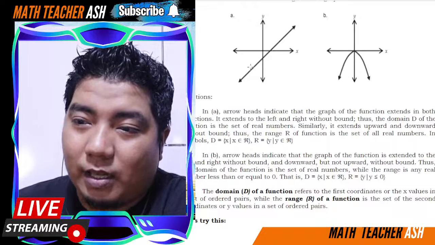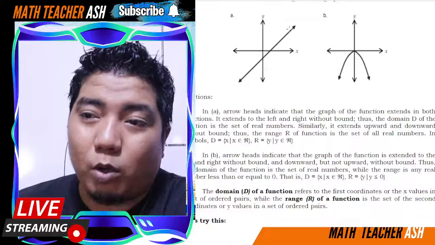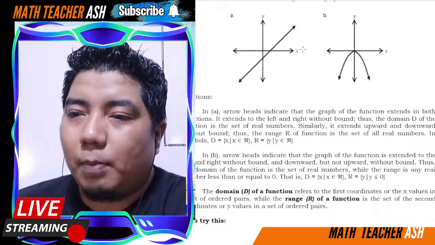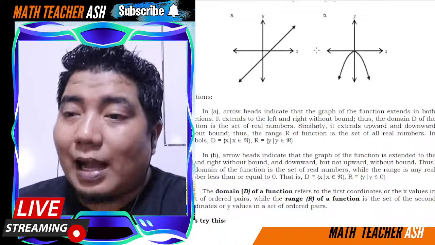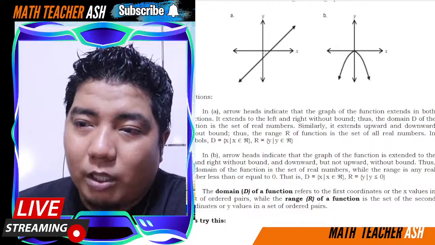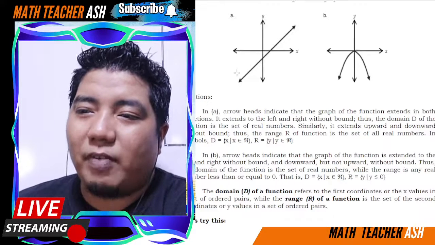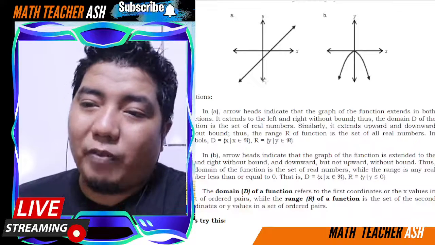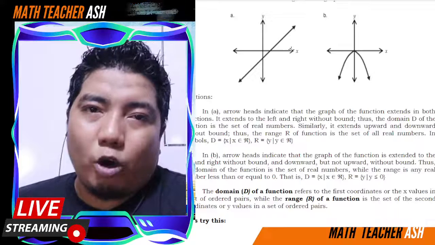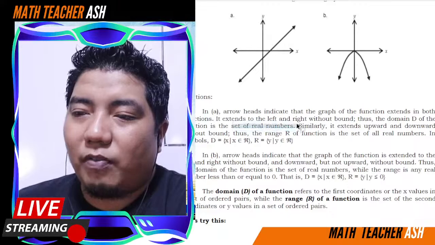Since this graph is composed of values of x and y from the points, its coordinates, (x, y), (x, y), going here, it will have a particular value of y. Going this way, there are also values of x. So, there is a value of x, a value of x, and going further. Therefore, we can say that even if this arrow extends, it will take all the values of x. Thus, the domain is the set of real numbers.